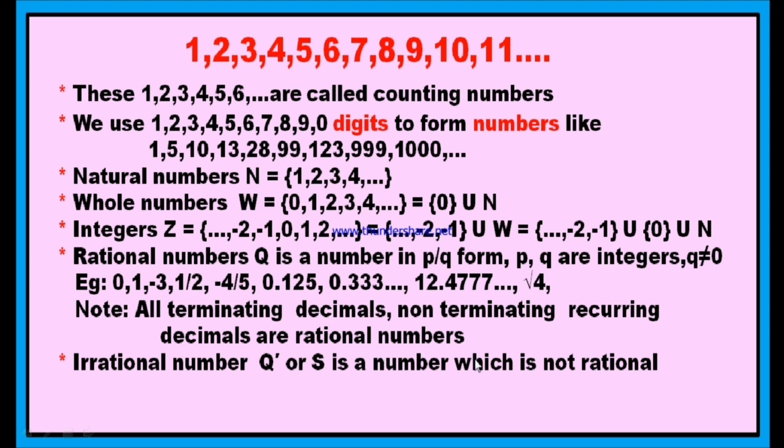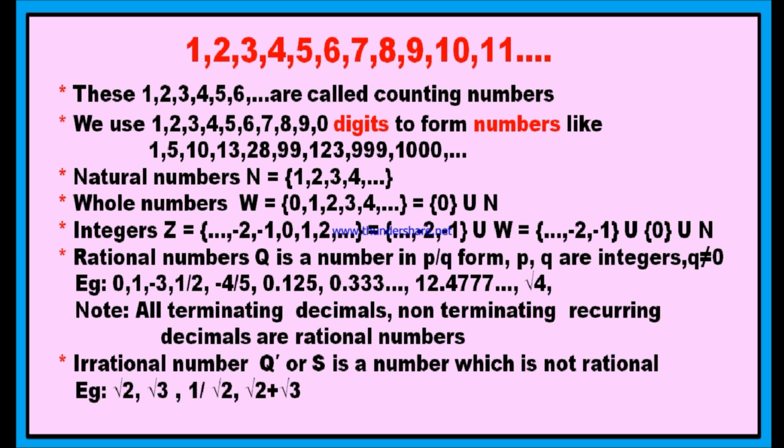Every non-rational number is called an irrational number. Here are the examples for irrational numbers. Root 2, root 3, 1 by root 2, root 2 plus root 3, root 3 minus root 5, and 3.12568726 and so on, and pi. All these are examples for irrational numbers.